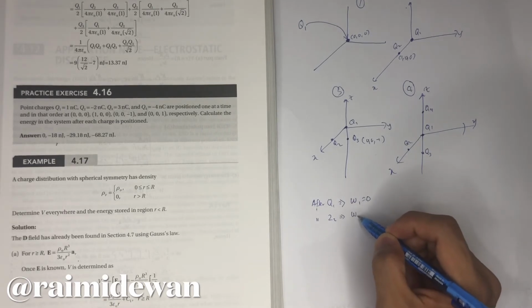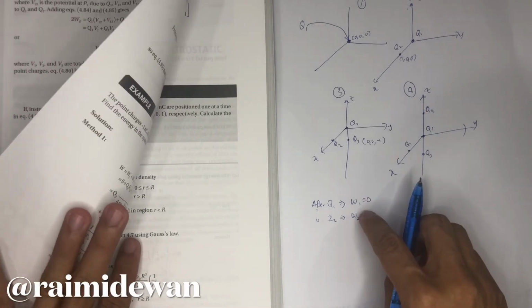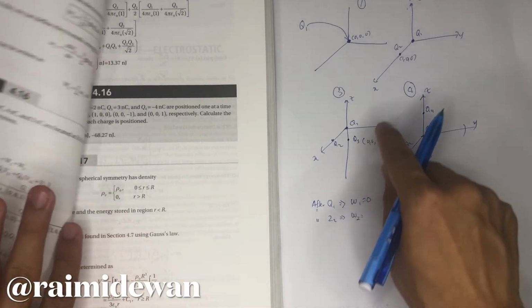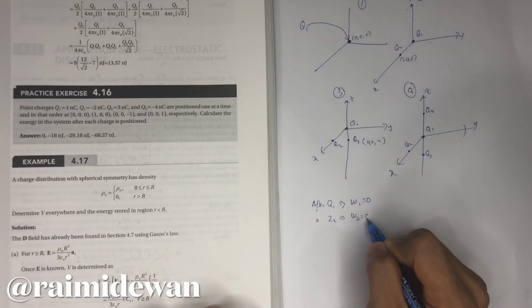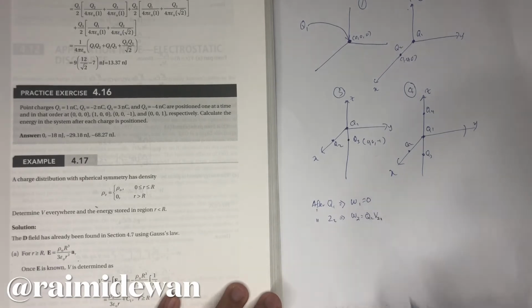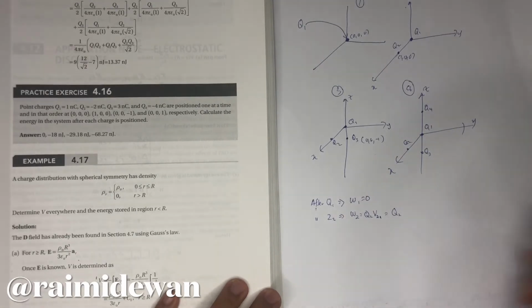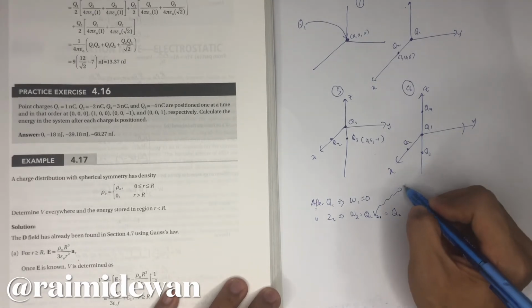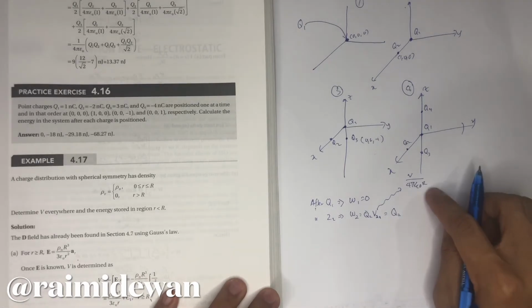So after Q2, we have the work done in taking Q2 to this position, where it is experiencing the potential. So W2 equals Q2 times the potential at Q2 from charge 1. What we learned from the previous lecture is that V equals Q over 4 pi epsilon naught R, where R is the magnitude.